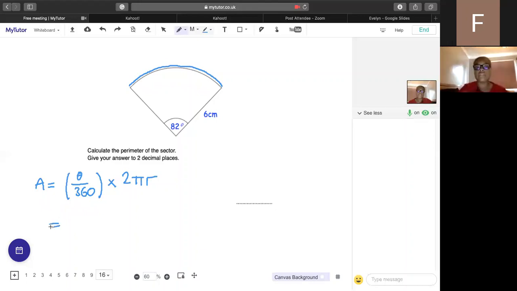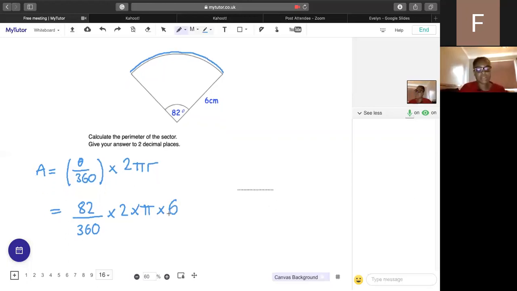The angle they've given us is 82, and we divide it by 360, then multiply by 2, multiply by pi, and then multiply by our radius. The radius is 6 centimeters, so we multiply it by 6.